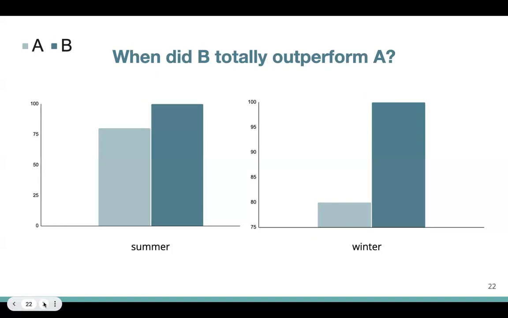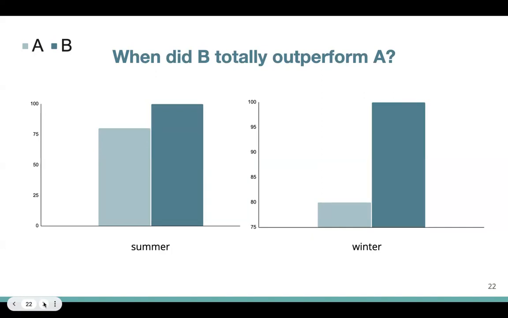And in fact, the left and the right are the same. They show the same graphs, where the score of B is always 100. The score of A is always 80. And they're showing the same thing. So actually, A did no worse than B in summer or winter.